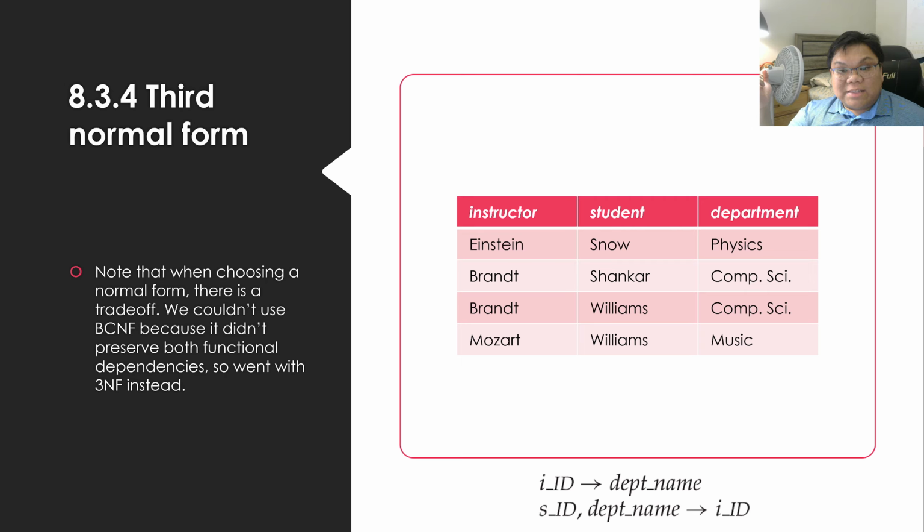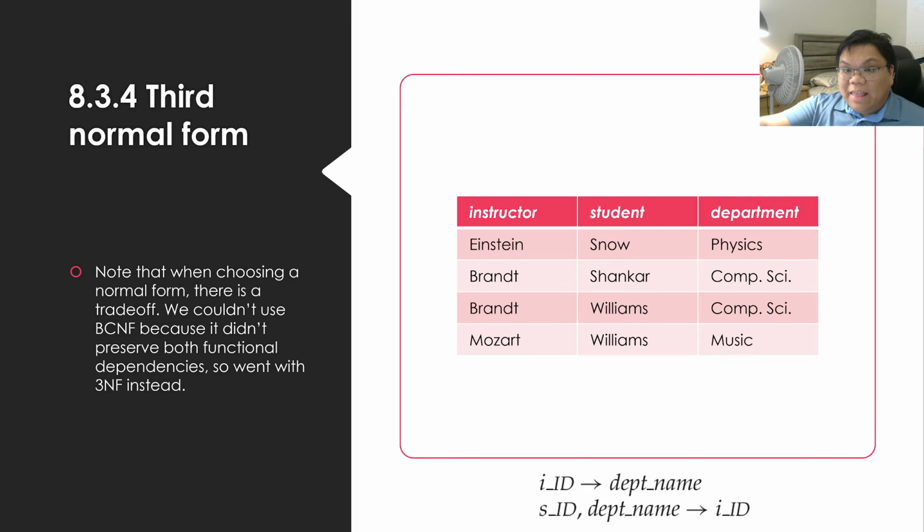Instructor ID is a candidate key, but it's not a primary key, or rather, it's not a super key. And as I said, a candidate key is a set of attributes that we could use to identify each row. It's called a candidate key because we might find a better key than that.